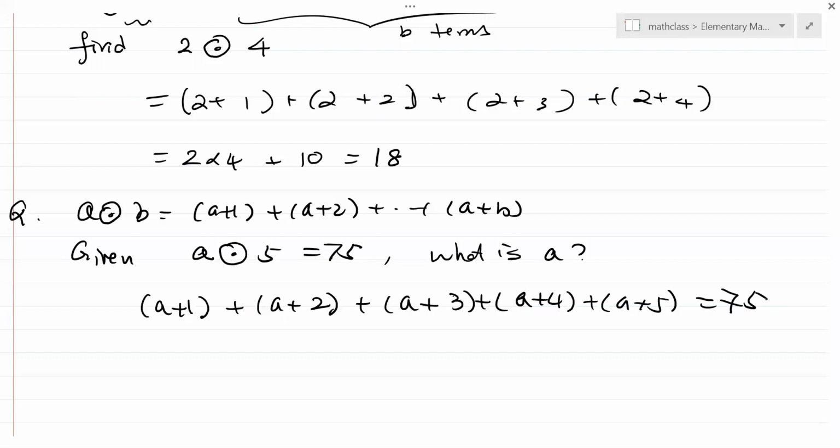Right? And I ask you to do this. Okay, please work out this problem. How many are there? Right? And 1 plus 2 plus 3 plus 4 plus 5, you can add them together.